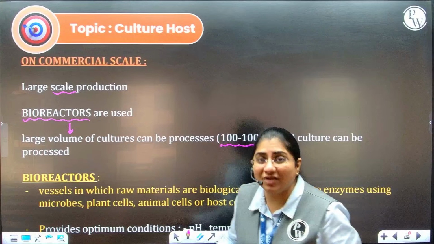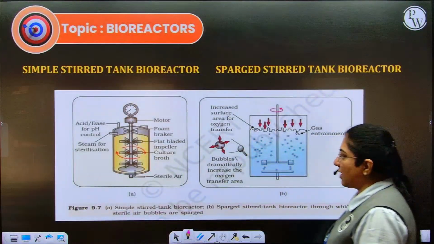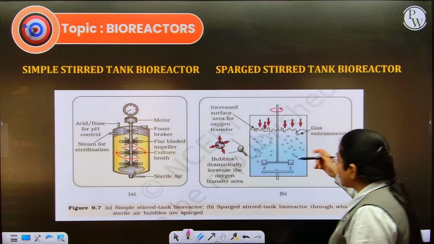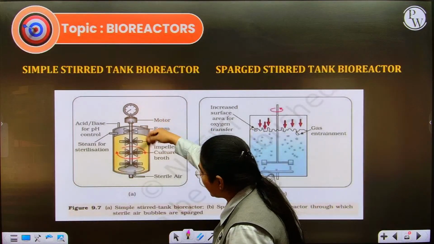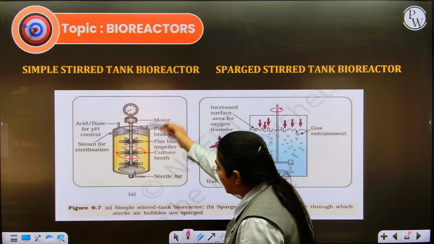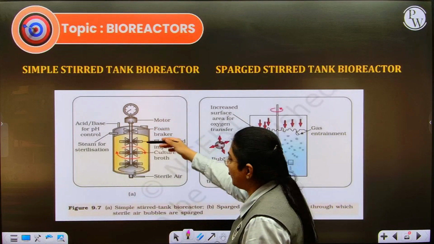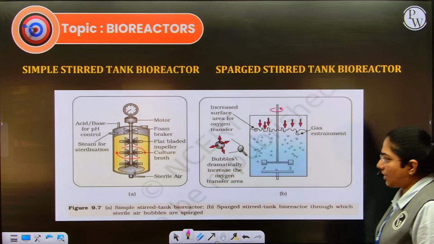Otherwise, how will it flourish, isn't it? There are two types of bioreactors. There is the simple stirred tank bioreactor and the sparged stirred tank bioreactor, where there are stirrers which bring about aeration. We've added all the raw materials, we provided all the nutrients, and it will start to produce products.